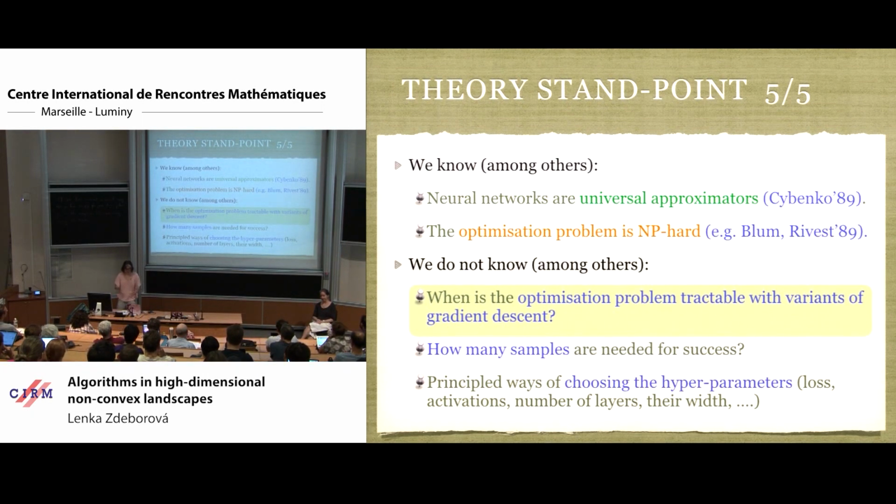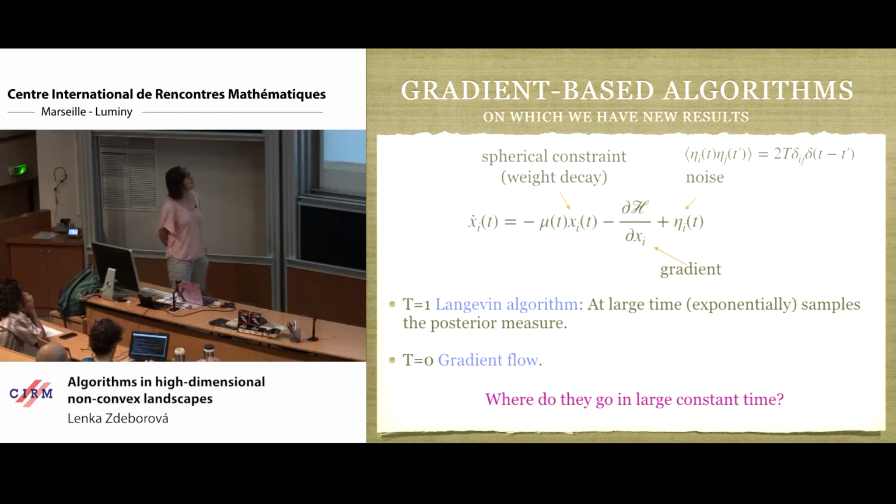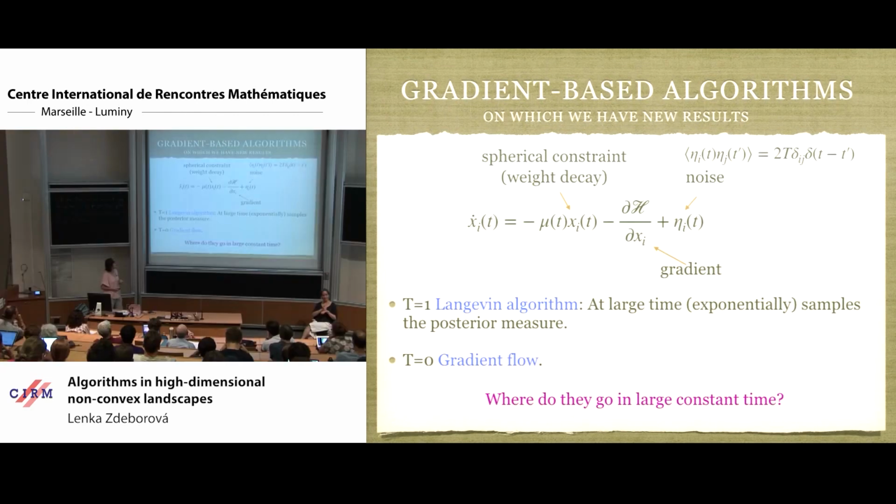So, okay, with this crash course on machine learning, now you kind of realize that understanding what the gradient descent is doing in high-dimensional non-convex landscapes is kind of an important thing to progress on this big question. So that's what we try to do in a variant of our guard game. So before going there, let me just remind you what the gradient-based algorithms are on which we got some results.